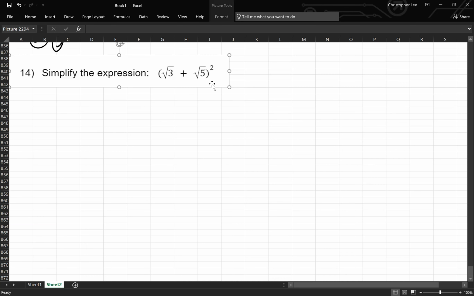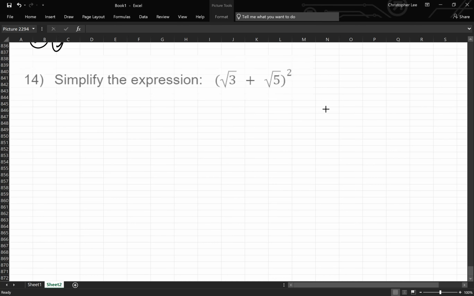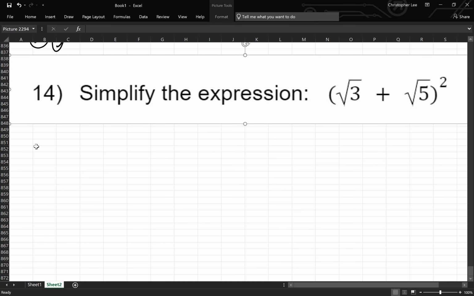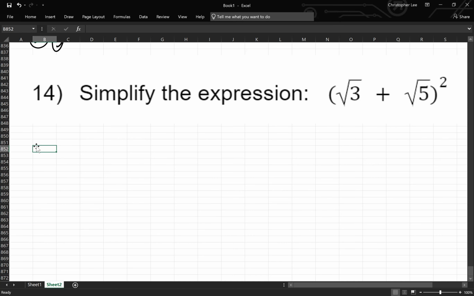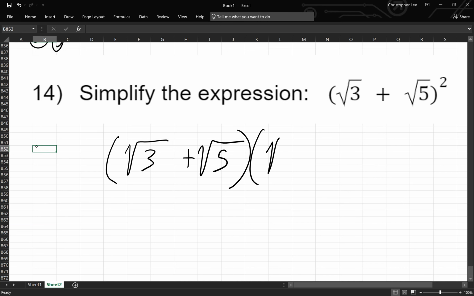All right, help me out. This is squared, so we already know, right? This is square root 3 plus square root 5 times square root 3 plus square root 5.